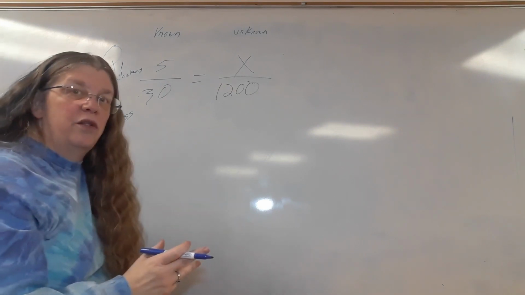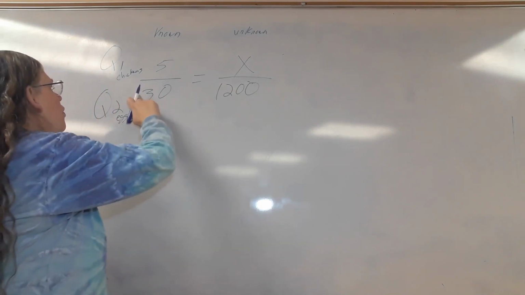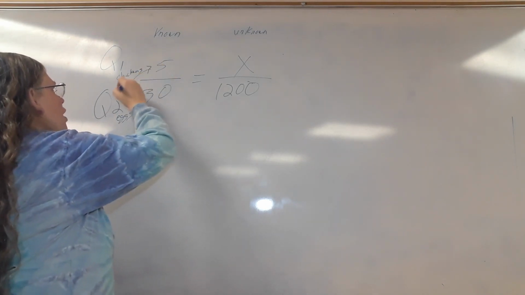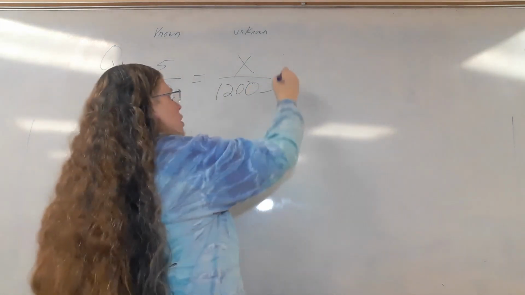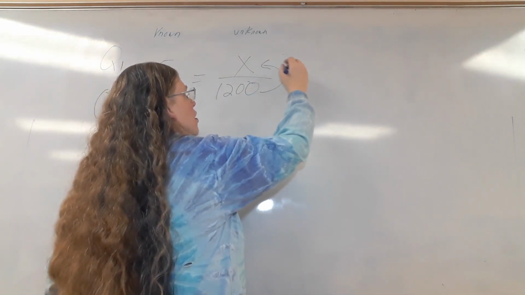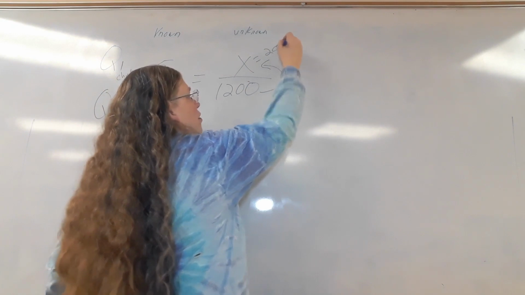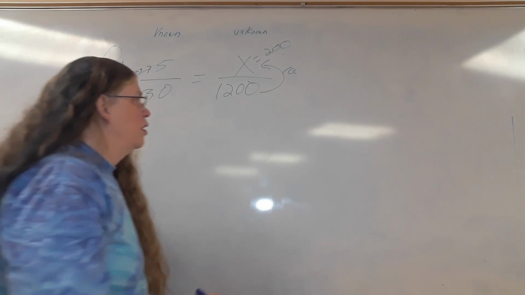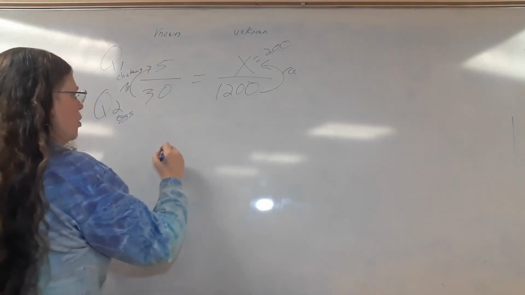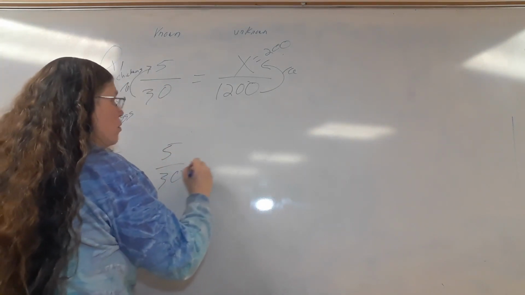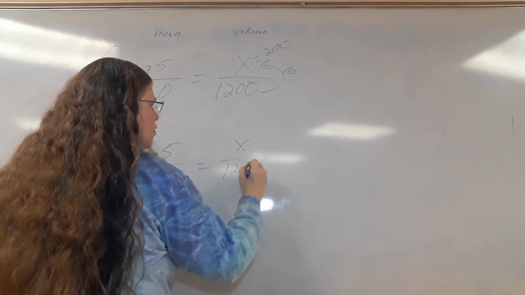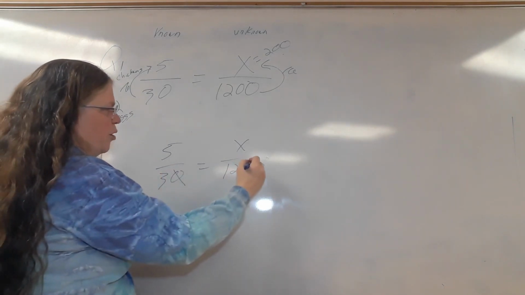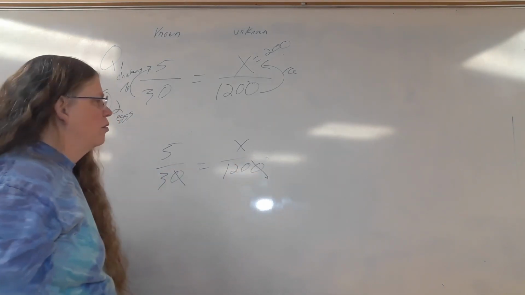There's a couple different patterns here. We can go from 30 to 5, we're dividing by 6. So if we divide 1,200 by 6, we get 200. That's one way to solve this problem. Another way is to simplify by canceling those zeros.